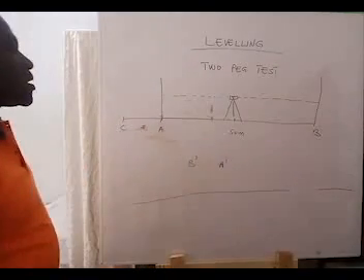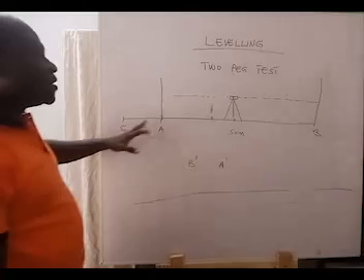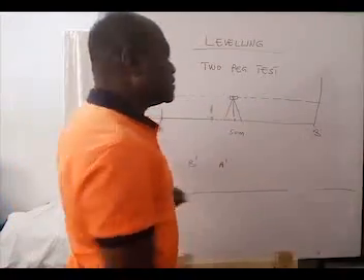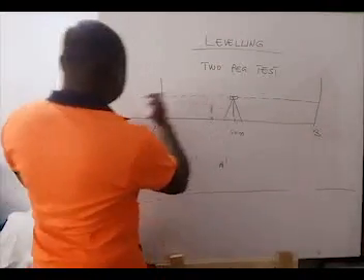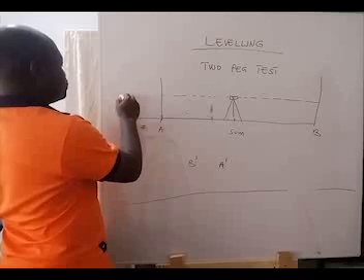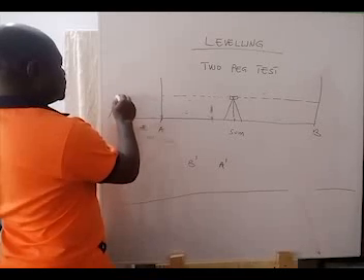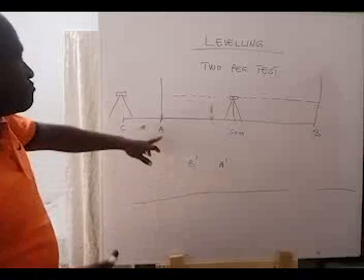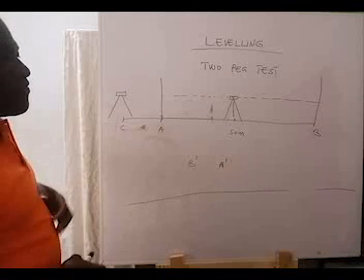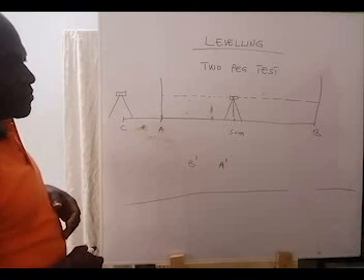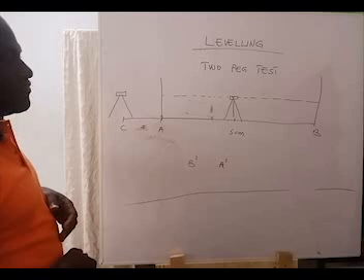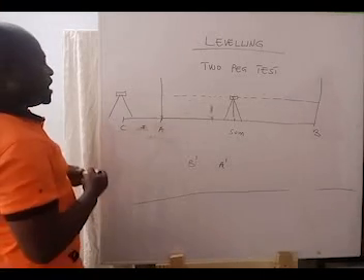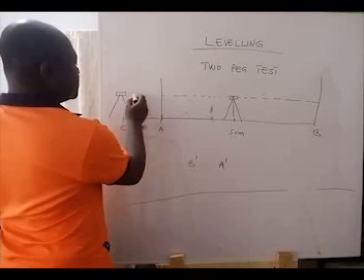After taking these readings, we move the instrument to C. Point C can be like 5 meters from A, 5 meters this way from A, to really test the equipment. Then we take a reading.